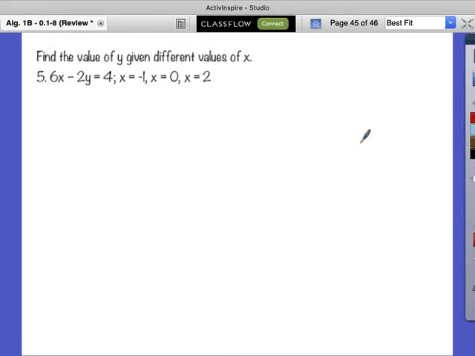So find the value of y given different x values. Here we have the equation 6x minus 2y equals 4. We're supposed to find the value of y given the different values of x. There's two ways we can go about this. We can plug in x equals -1 and then solve for y, then plug in 0 for x and solve for y, and plug in 2 for x and solve for y, and get 3 different answers that way.